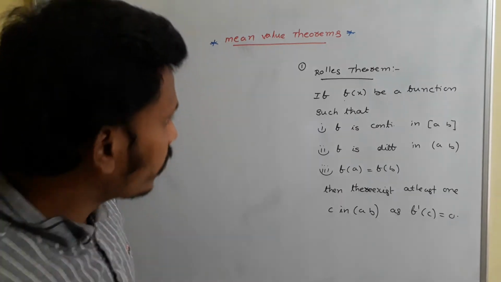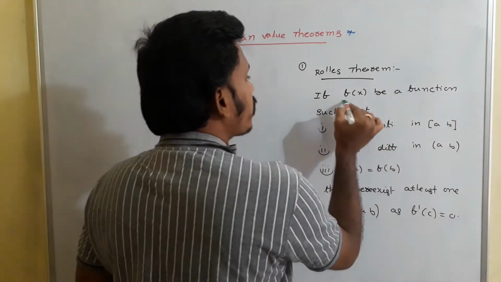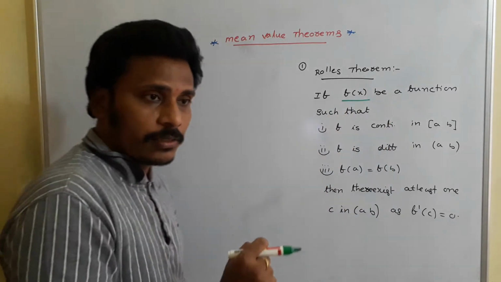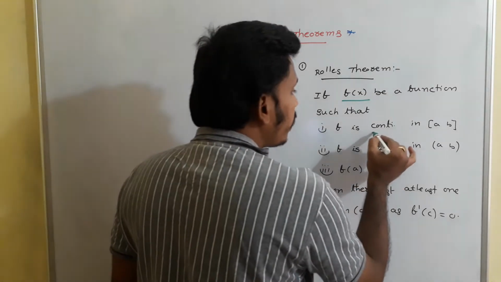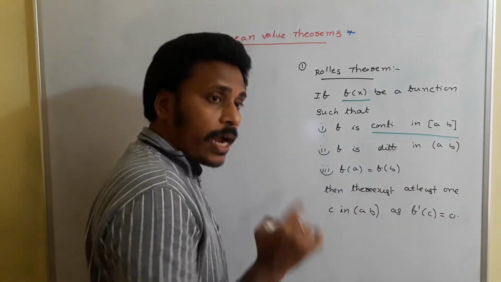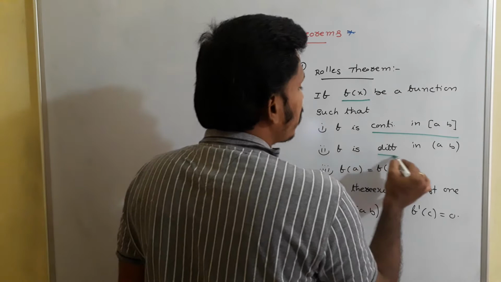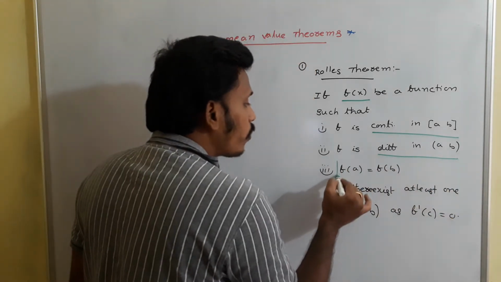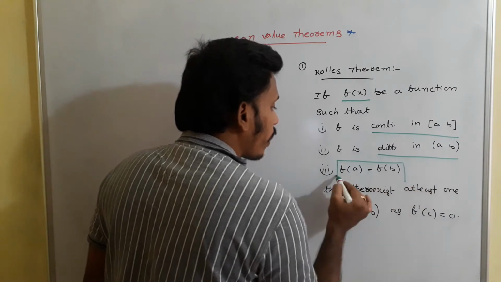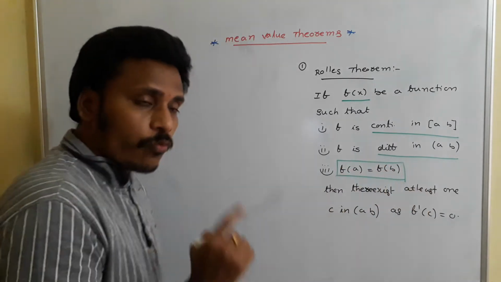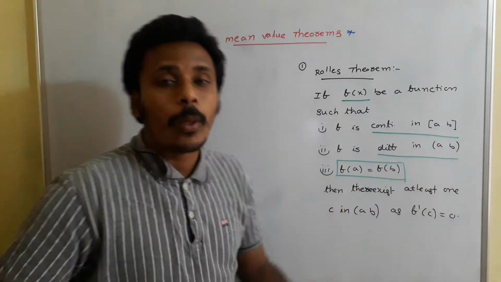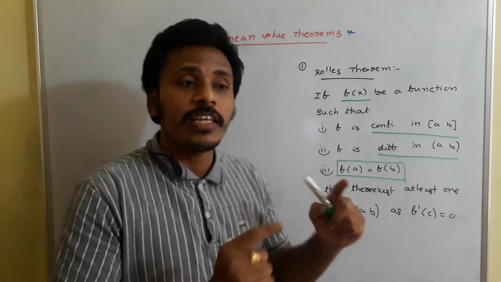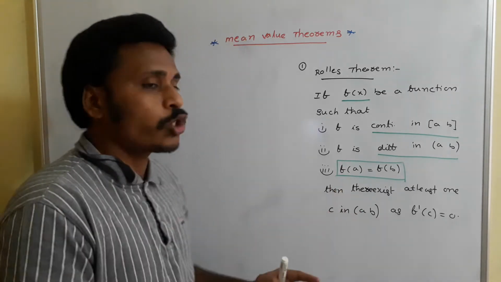As per Rolle's theorem, f of x is a function that is continuous in the interval [a, b], differentiable in the interval (a, b), and f of a is equal to f of b. F is a function which is continuous in a particular interval, differentiable in the interval, and f of a equals f of b.